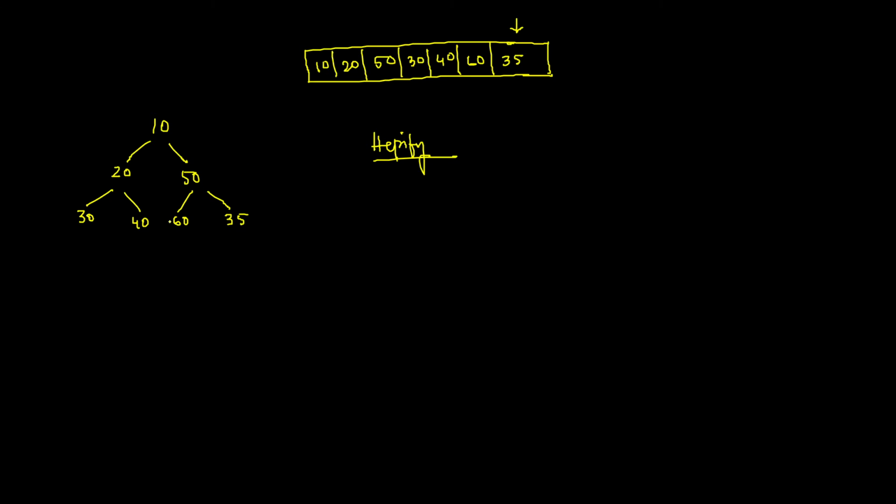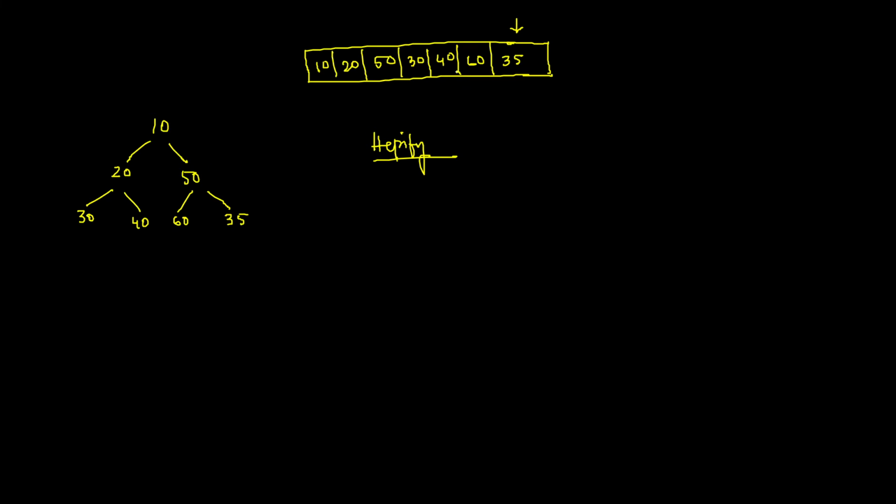If you first find whoever is greater, you will find 60. And then you compare this one with its corresponding parent, which is lesser than its child. So it is not reflecting a part of the max heap. So you should have a swap between 50 and 60, right?